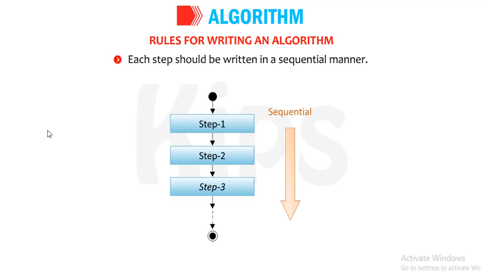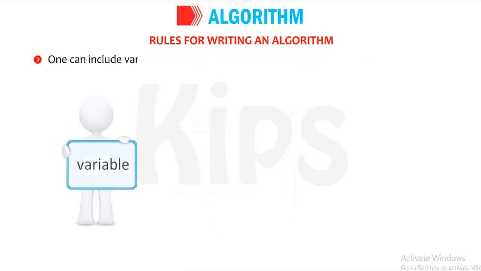First you wash your plate, then you eat, and then you wash your hand? No. First you wash your hand, then open the tiffin box, and after eating you clean the box. So there is an order, a sequential manner. Step 1, step 2, step 3 go in sequential order.